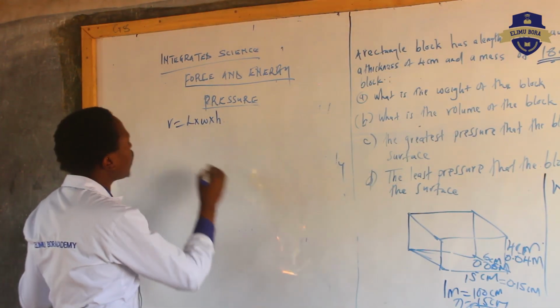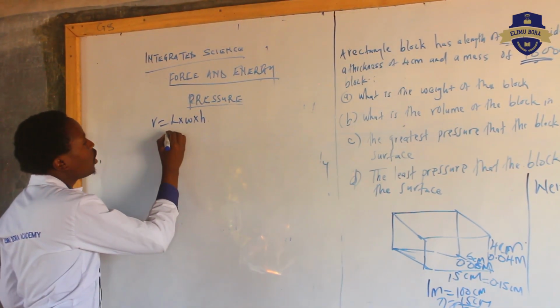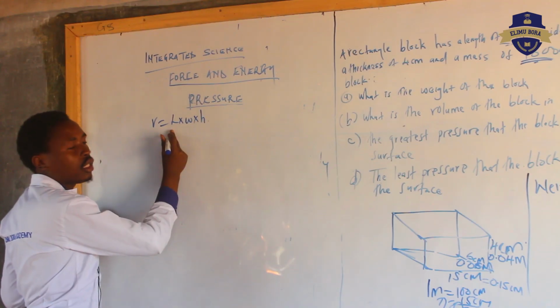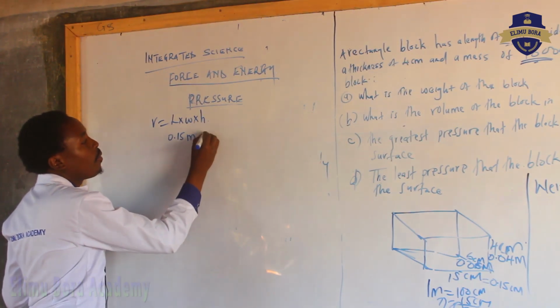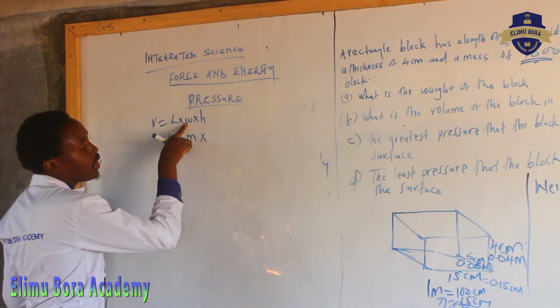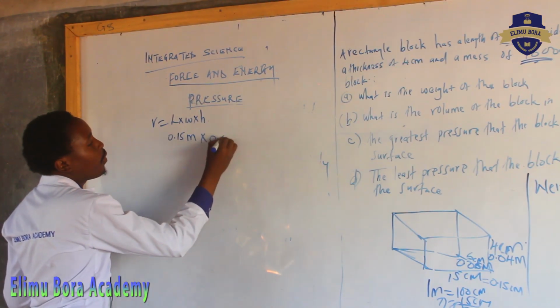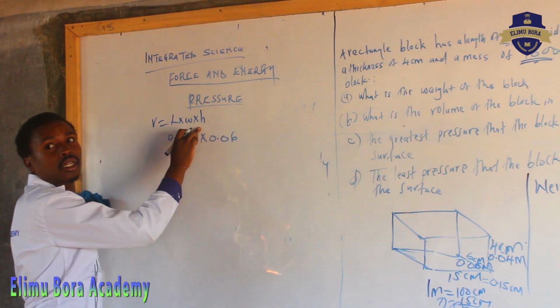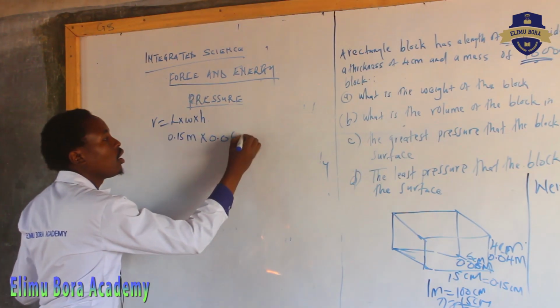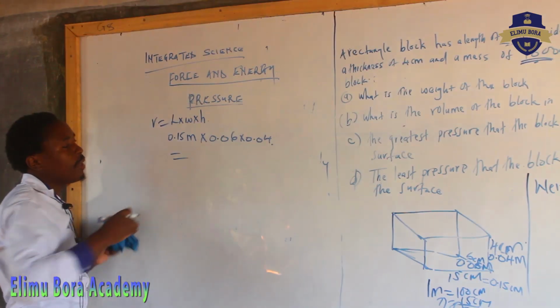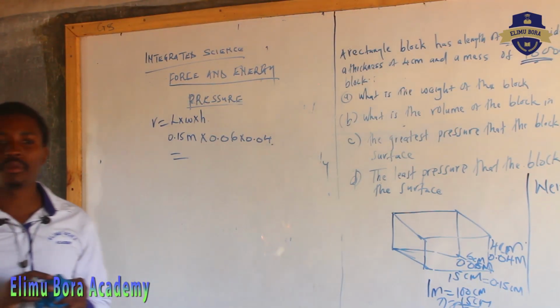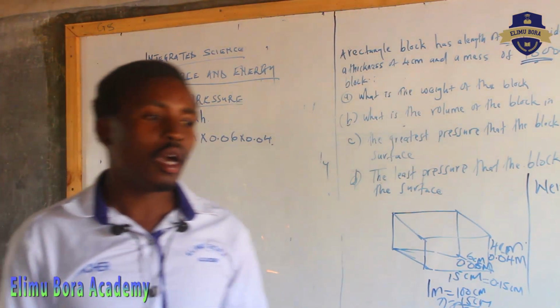Now let's check on our length. Our length is what, class? 0.15 meters. Multiply by our width, which is 0.06. And our height is what? 0.04. So put it in a calculator and give me the answer. Hurry up, hurry up.